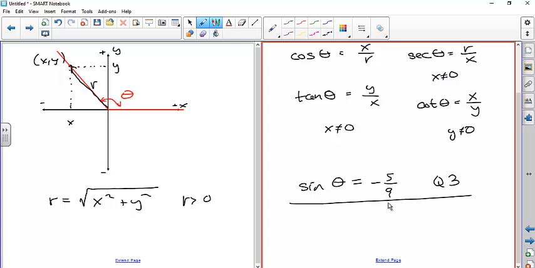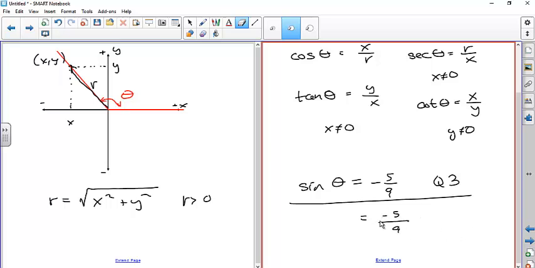So how do you do that? Well, the question is, is this negative 5 divided by 9, or is it 5 divided by negative 9? Well, obviously the denominator is r, so it definitely can't be that.